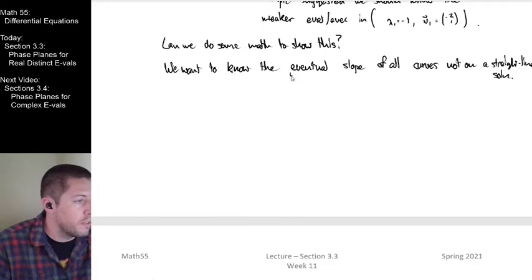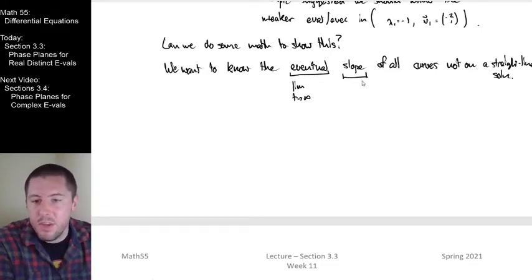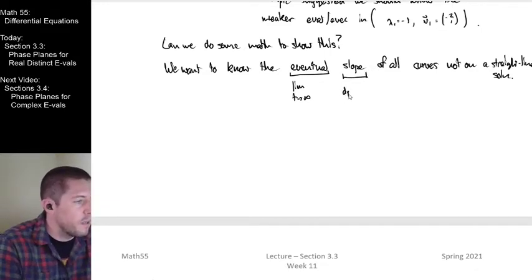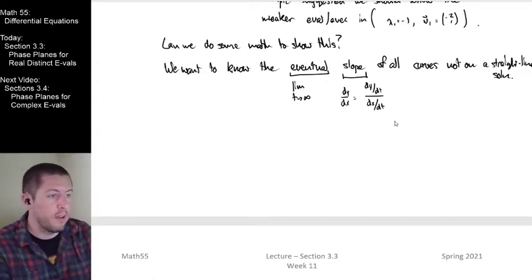So eventual to me is saying the limit as time goes to infinity. What's the slope of my curve? Well, that's dy dx. But you should notice here, y and x are both functions of time, so we're in fact going to look at dy dt versus dx dt to get the eventual slope of this thing right here.